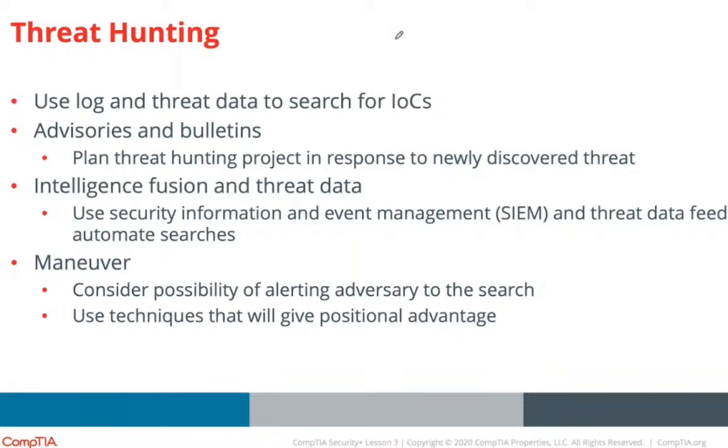Then intelligence fusion and threat data. Threat hunting can be performed by manual analysis of the network and log data, but this is a very lengthy process. Organizations with a security information and event management system and a threat analytics platform can apply intelligence fusion techniques.